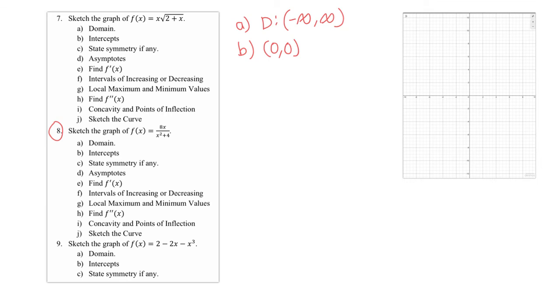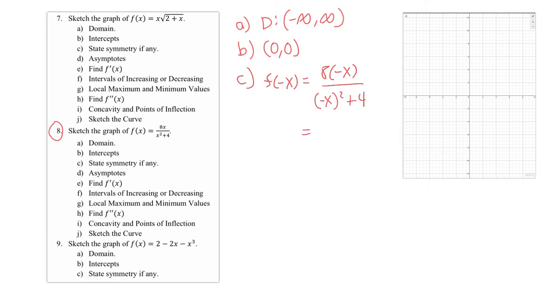Okay, looking at part C, state symmetry, if any. So let's perform the test. We'll see what happens when we substitute negative x in for x. That turns out to be 8 times negative x all over negative x squared plus 4.